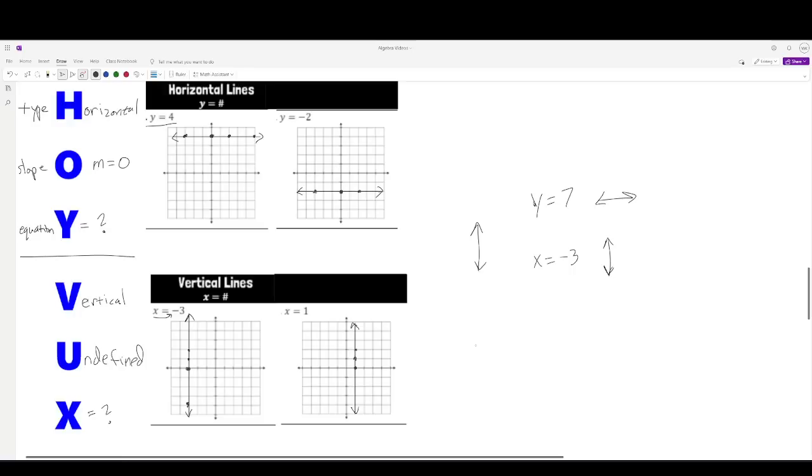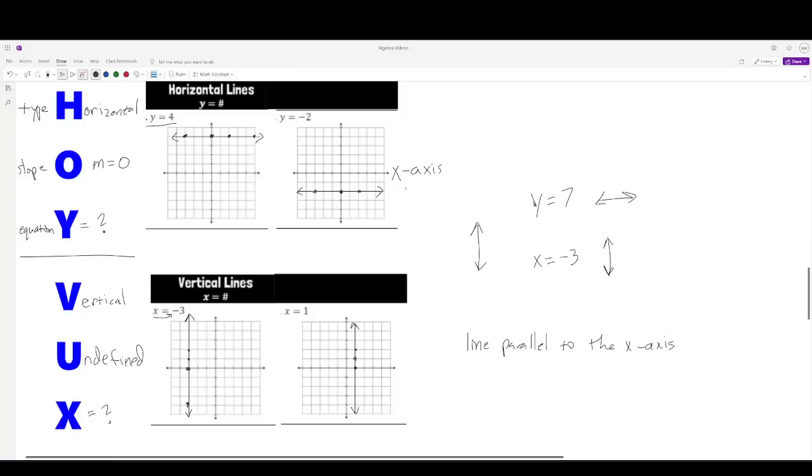seeing a little bit later when we deal with parallel and perpendicular lines is something like a line parallel to the x-axis. And that really gets confusing for us because, especially if we're using this mnemonic, HOY VUX, we think immediately x goes with vertical. But the axes are actually not what they seem. Because think about the x-axis. The x-axis is a horizontal line.